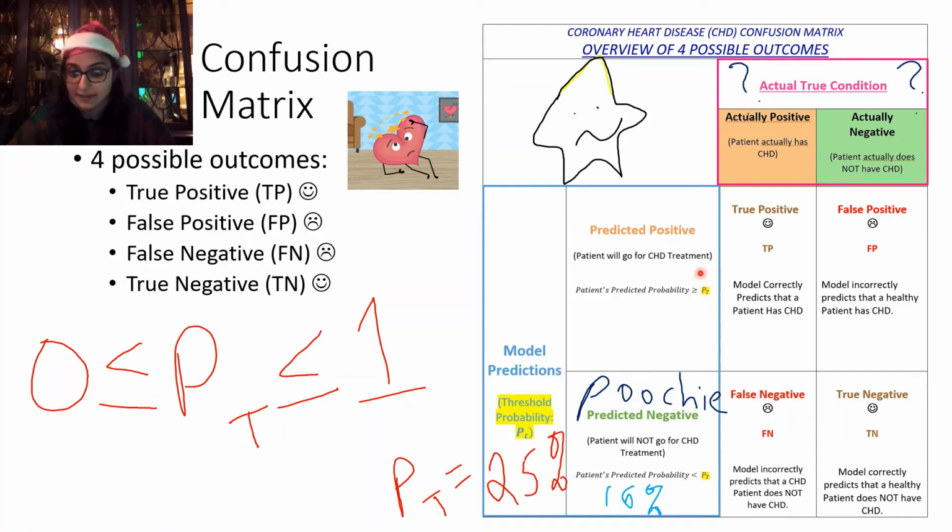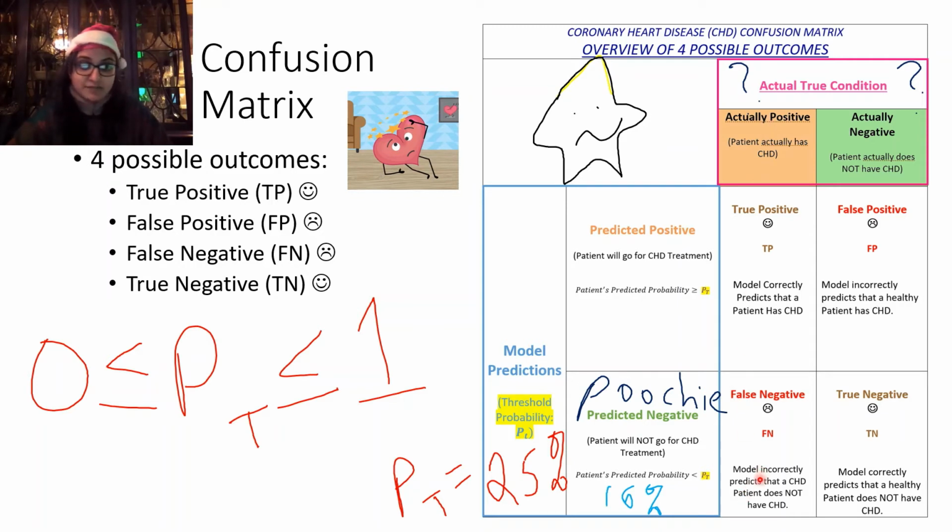If it is greater than or equal to the threshold, the doctor predicts the patient is positive and needs to go for CHD treatment. Since 16% is less than 25%, Pucci should not go for CHD treatment. In the false negative situation, Pucci was predicted as negative, but that was actually false. Pucci actually has CHD.